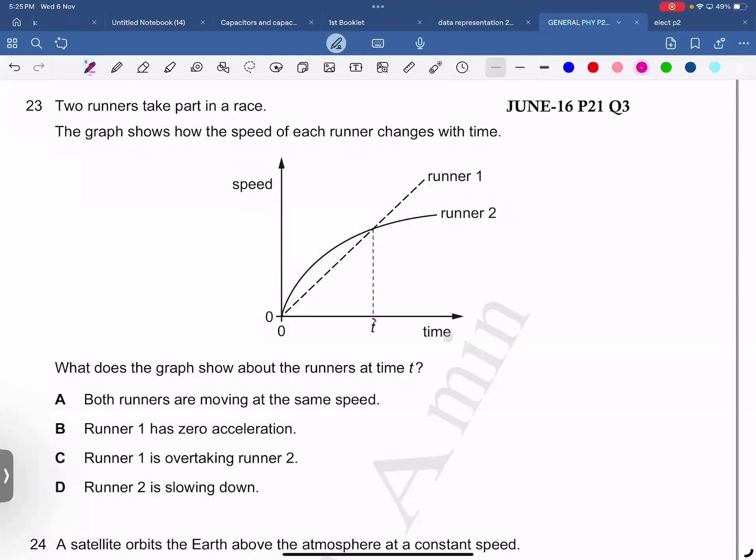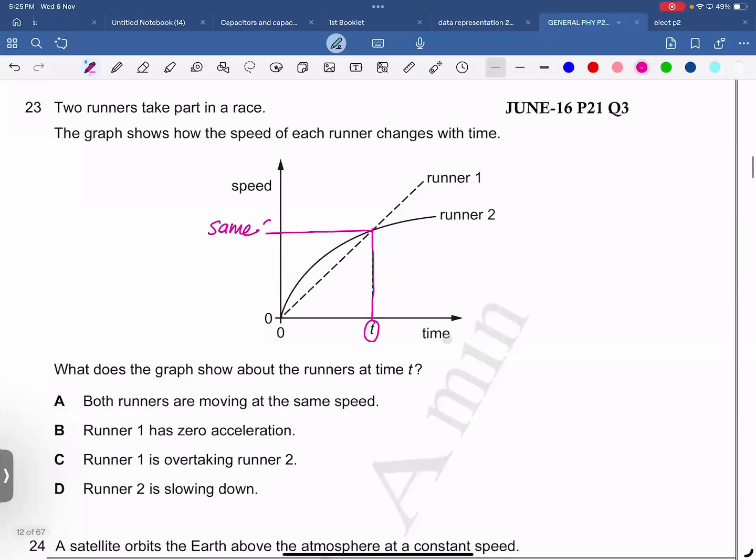Go to the graph, time t, they both intersect, they both have the same speed, because the y-axis value at this specific time is the same. So both runners have the same speed. For example, imagine this was 2 meters per second, 4, 6, 8, 10. So find their speeds at time t. Both have 8 meters per second, same speeds.